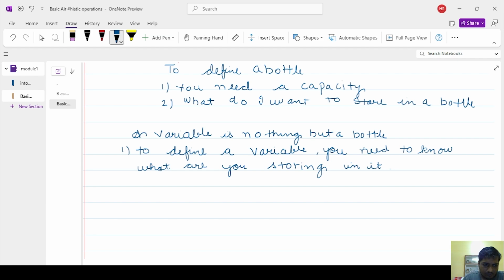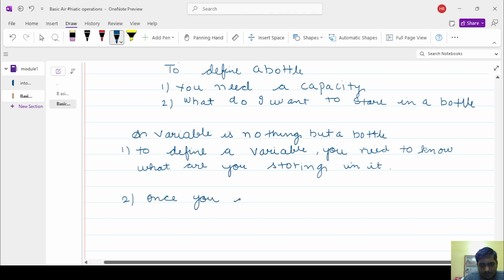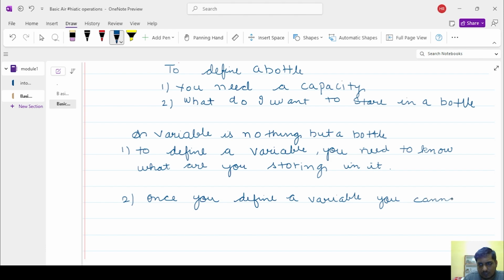Which type of variable are you storing? Once you define an integer type variable, a float type variable, or a long type variable, once you define a variable, you cannot define it again.